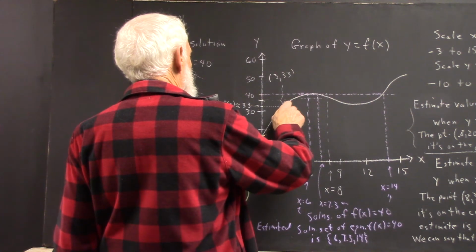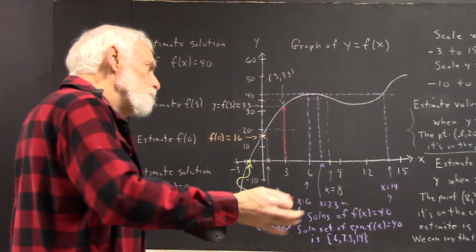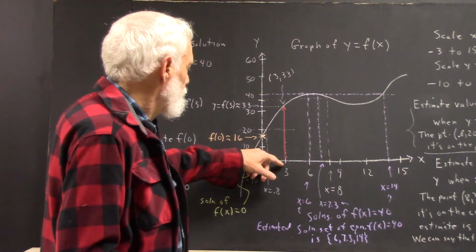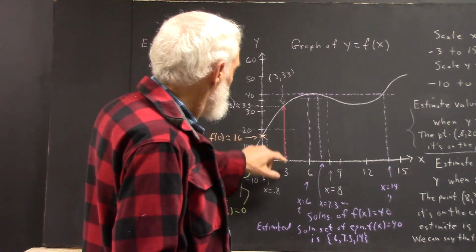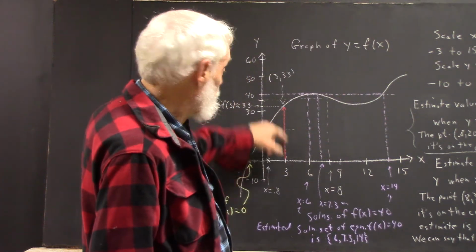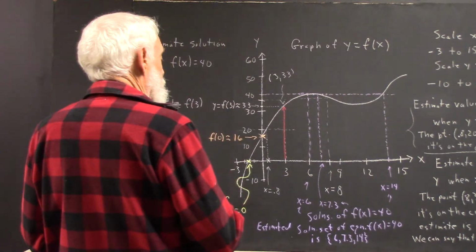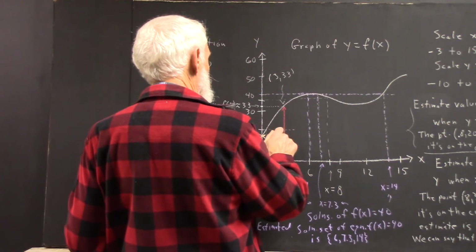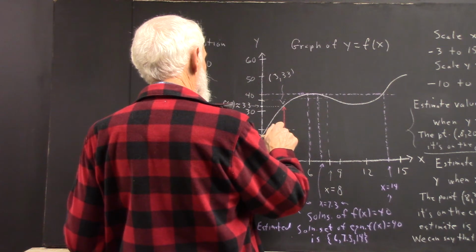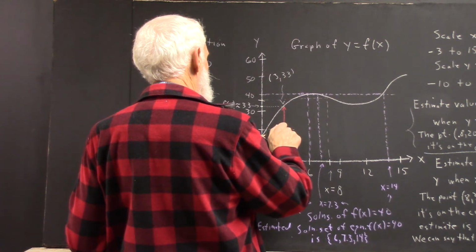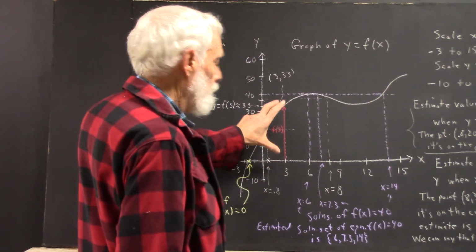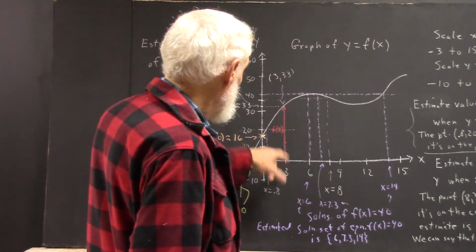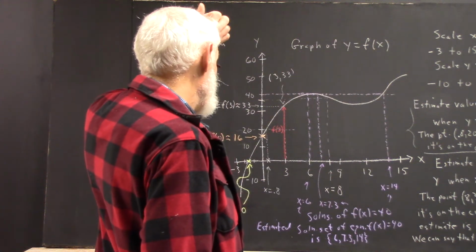I can draw a vertical arrow, which is what we call a vector, and the length and direction of that vector from the x-axis, where x equals 3, up to the curve. The length of that vector is f of 3, so I can put f of 3 next to that vector, and that vector represents the value of f when x equals 3.